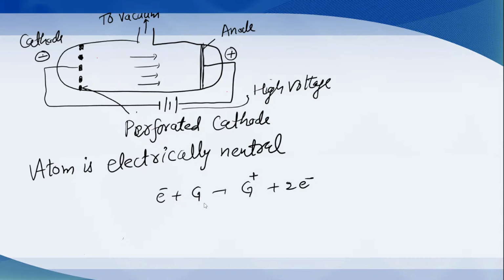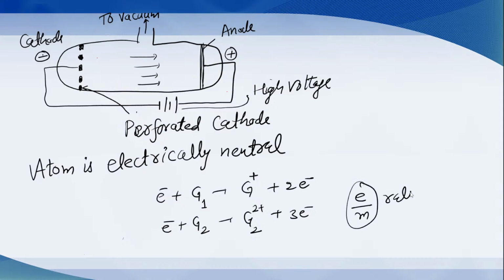Now see, if one gas emits one electron, another gas may emit two electrons depending upon the nature of the gas, and at the same time mass is also different, charges may also be different. Even if the charge is the same, the mass is different for different gases, so the charge to mass ratio is different.